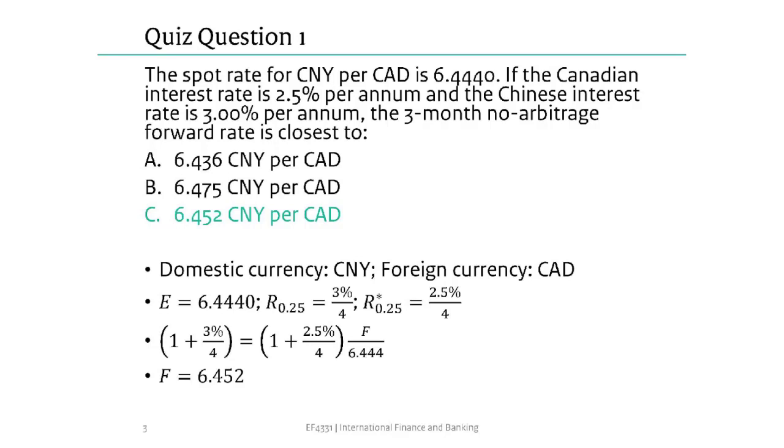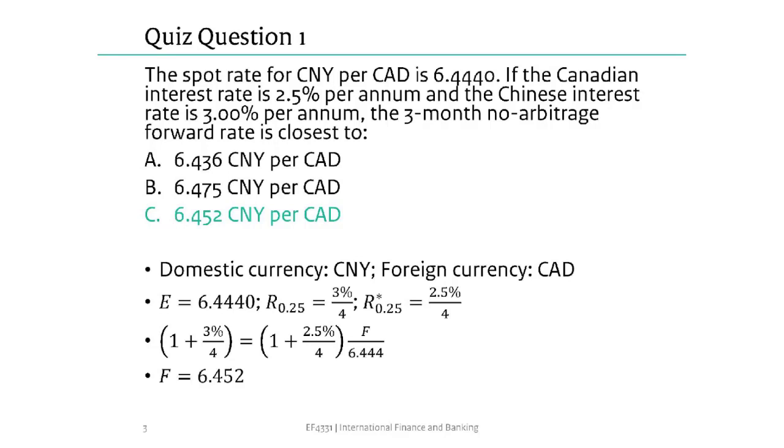So in the setting, we have E equals 6.444. Based on our definition of our currency quote, Canada is the foreign country, and therefore R star is 2.5%, and we divide by 4 because we're dealing with 3-month forward contracts. 3 months is a quarter of a year, and therefore we divide by 4.